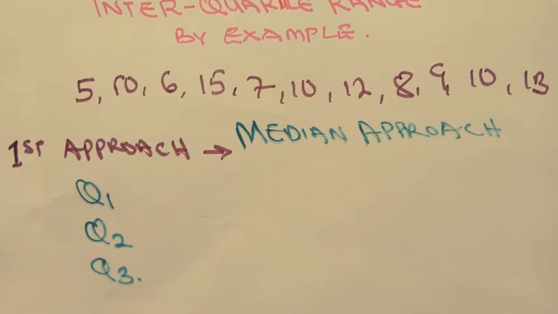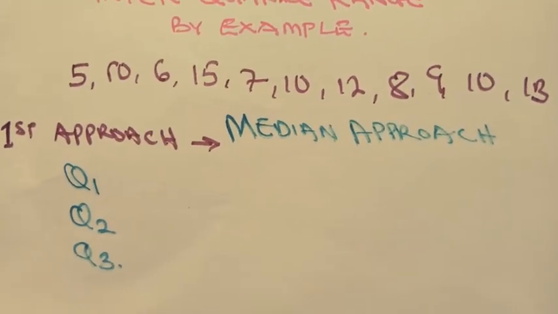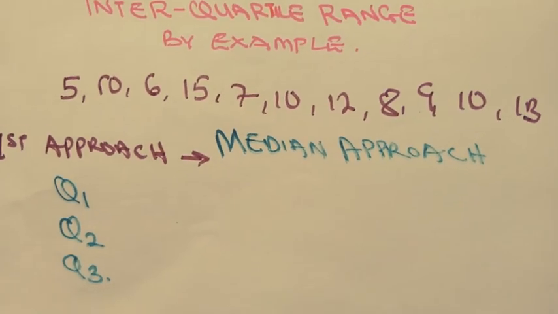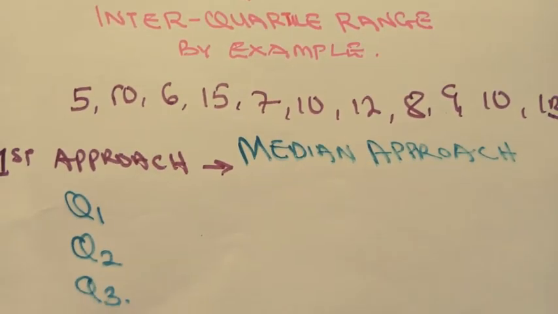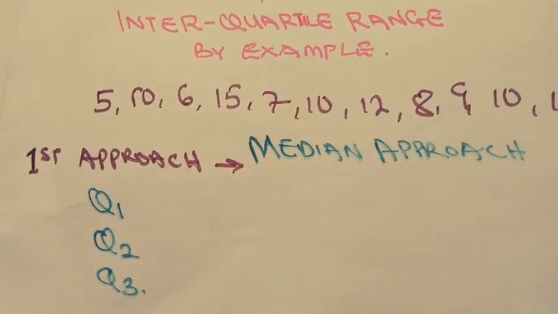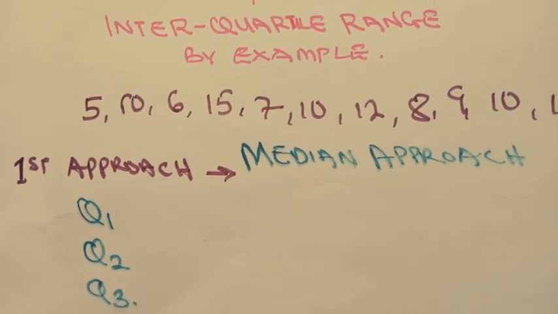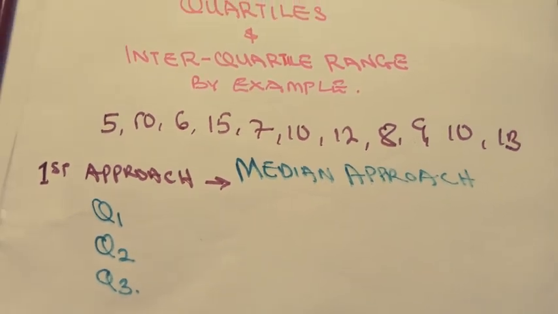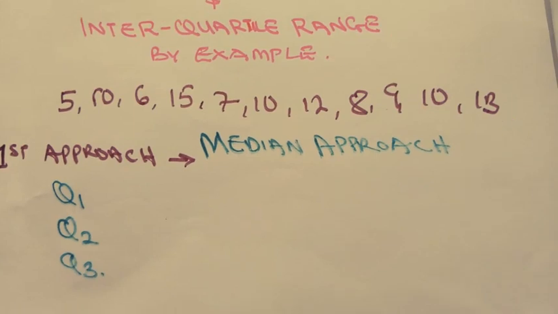So I'm going to quickly use the median approach to do that. If you have not seen the mean median mode video, I urge you to click on the link in the description below, or click on the video showing above, to watch the video on mean, median, mode. It's very simple and very interesting.